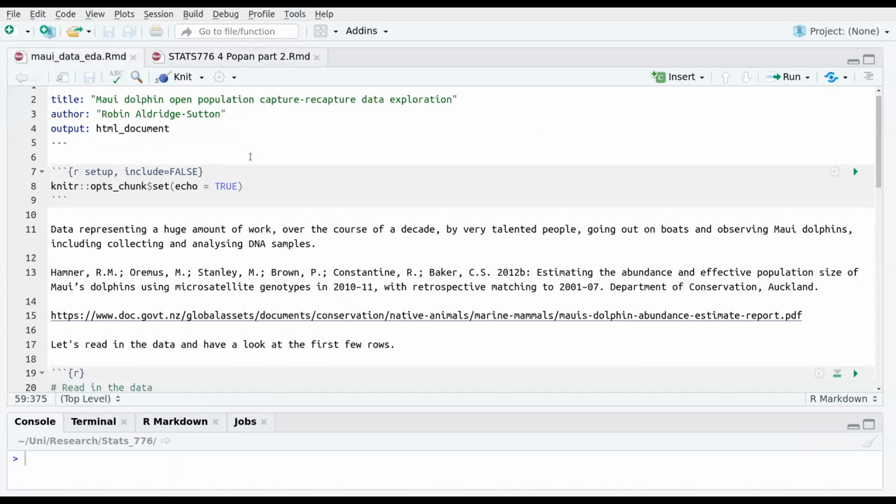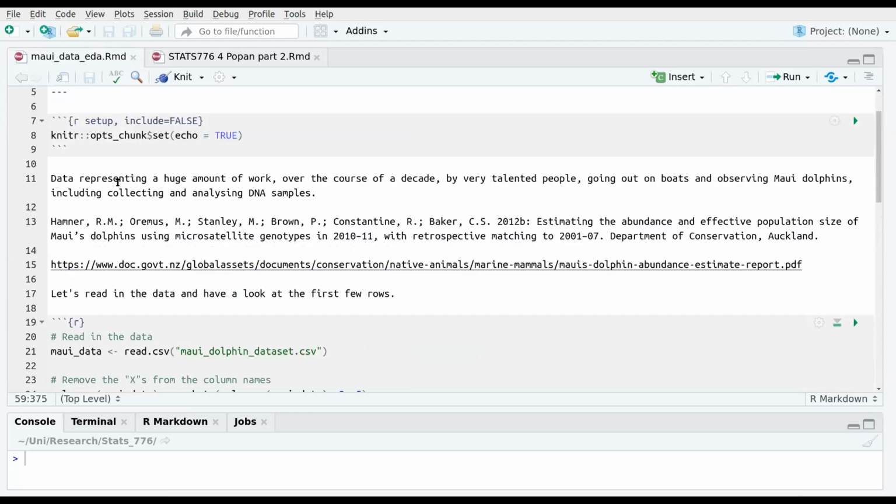I've just got it in our Markdown document here, and I'll also upload the PDF for this. The first thing to say is that this data represents a huge amount of work. I guess any capture-recapture data represents a lot of work, and for open populations, it's usually going to be over quite some time.